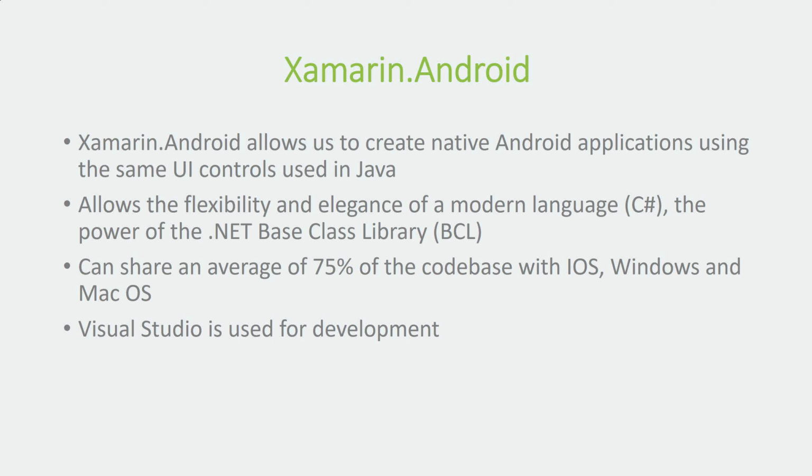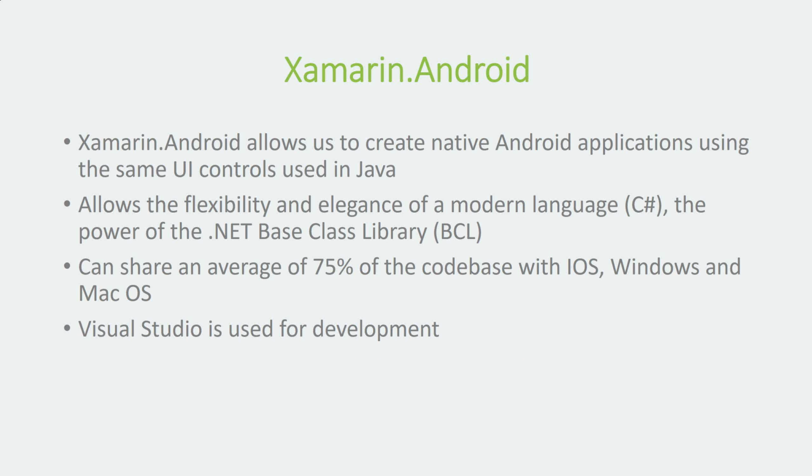You can use existing business logic that you have in one of your existing C# applications. You can port it over, and it's very easy to port. You can share about 75% of your code base with iOS and Windows, and all your development is done in Visual Studio.